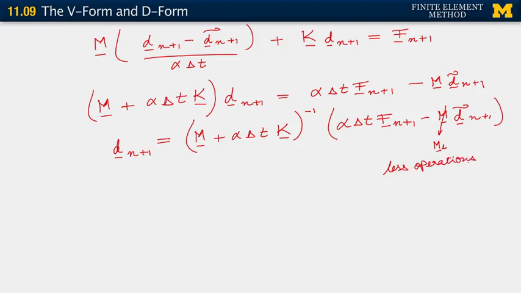Not less, let me make that fewer operations to form the right-hand side. Okay, but the actual equation solving effort in the two methods, the V method and the D method, is the same.